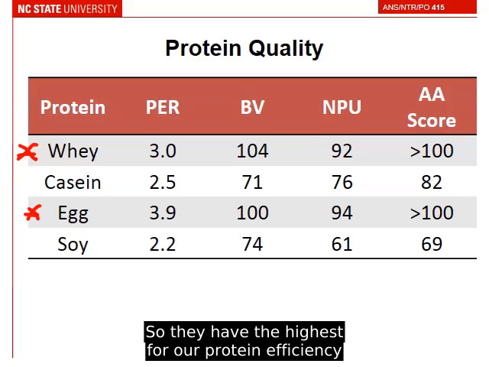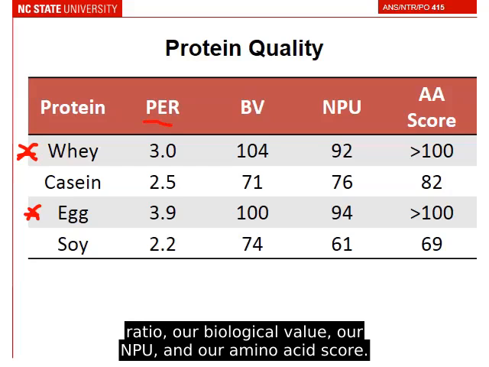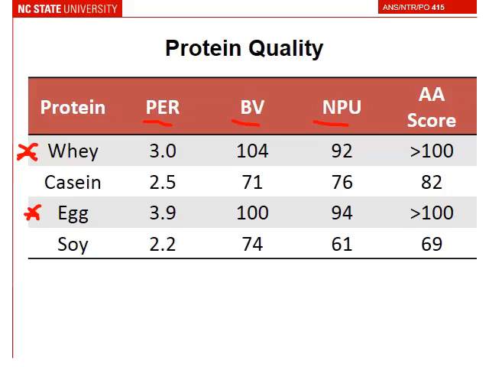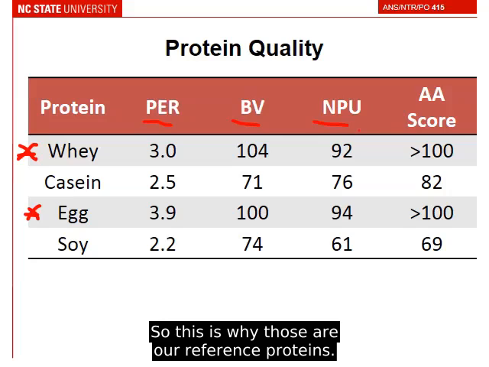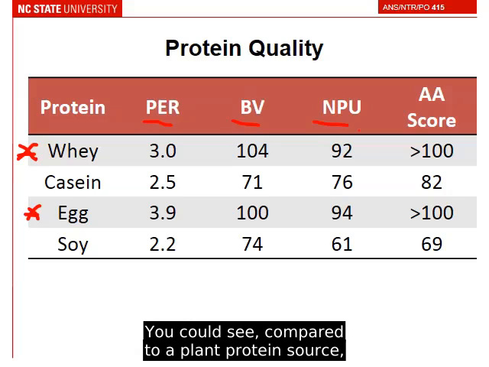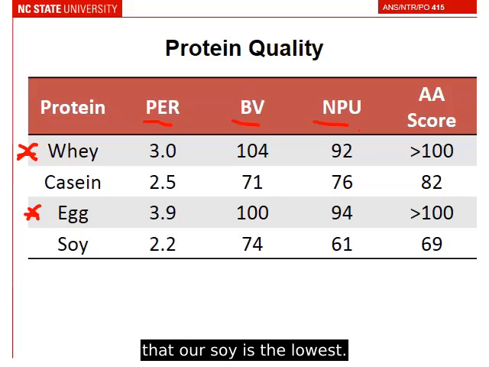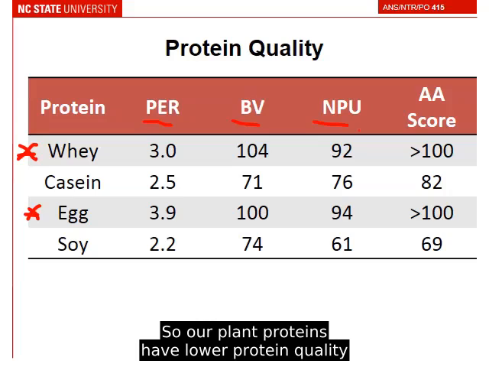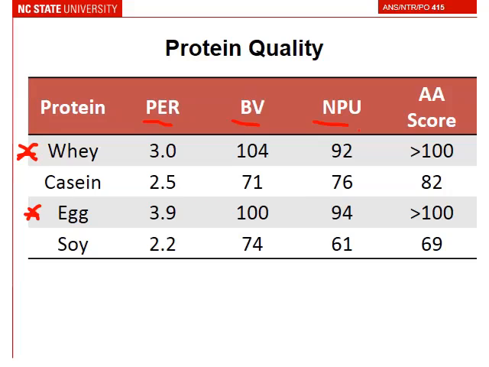So they have the highest for our protein efficiency ratio, our biological value, our NPU, and our amino acid score. So this is why those are our reference proteins. You could see, compared to a plant protein source, that our soy is the lowest. So our plant proteins have lower protein quality than our animal proteins.